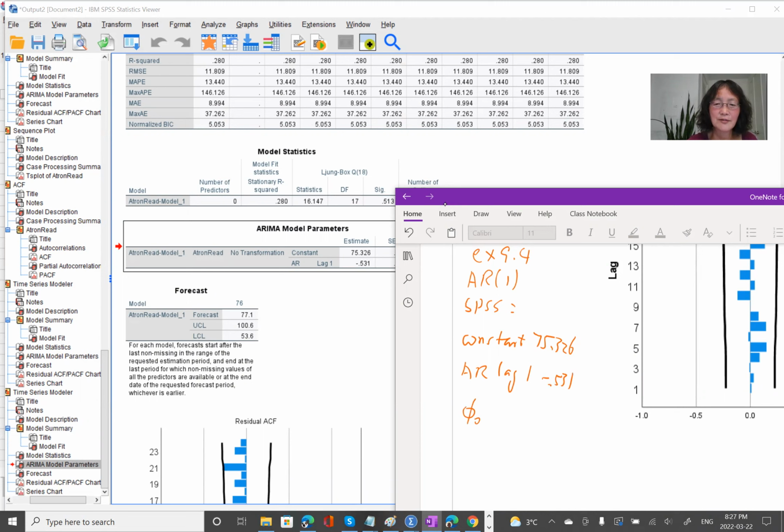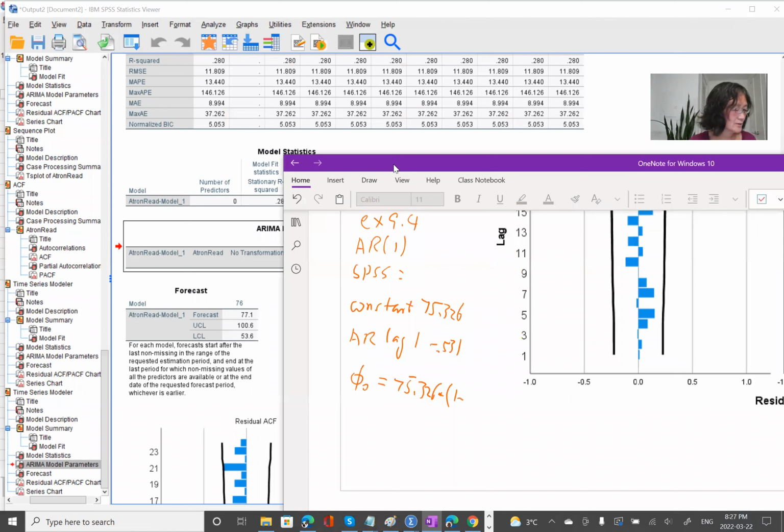The real constant phi 0 equal to 75.326 times bracket 1 minus AR lag 1. Minus negative number equal to plus 0.531. This will give you 115.845. This is your constant phi 0.